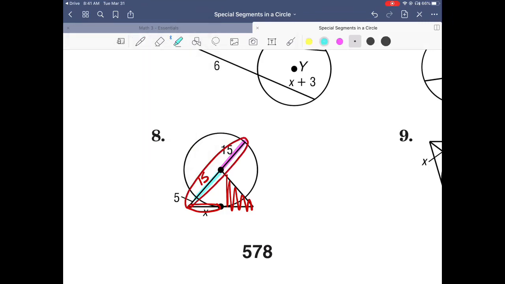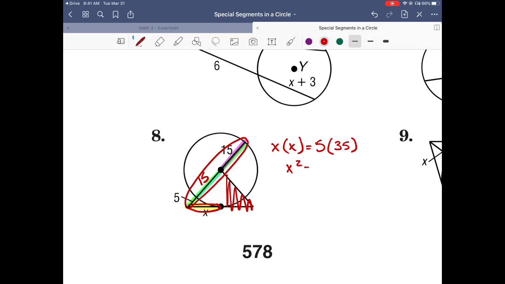So on this one, my outside and my whole are the same thing. So x times x equals my outside portion, which is 5 times the length of the whole thing. So 5 plus 15 plus 15, which gives me 35.